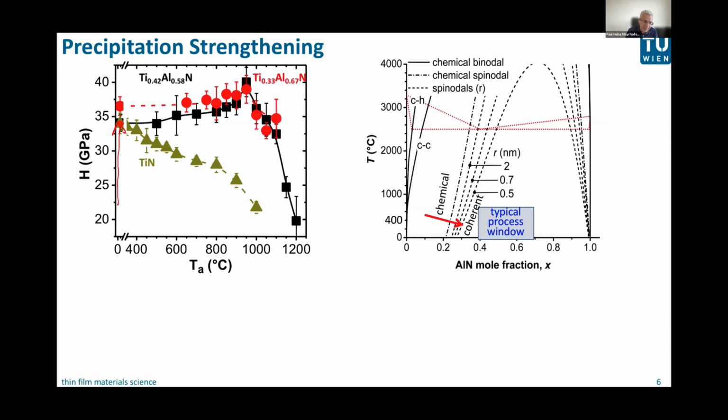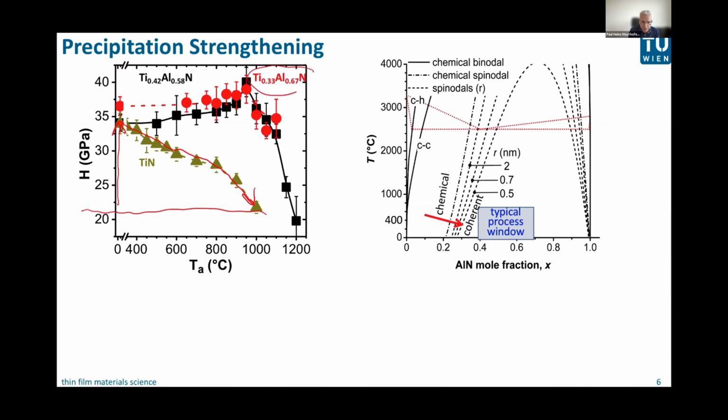If we anneal this material, then the crystals become less defected, meaning the hardness decreases to a value of what you would expect if you prepare titanium nitride not by PVD but by other routes, like roughly 20 gigapascal.